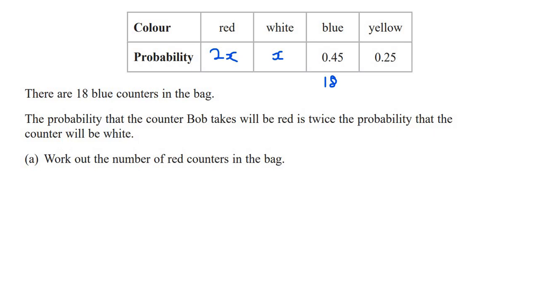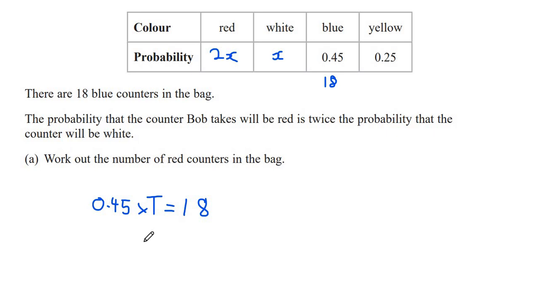Okay, well, we know there are 18 blue counters, and the probability of getting a blue is 0.45. So let's say if the total number of counters is t, so 0.45 times t should be equal to 18, because the probability of blue is 0.45 and there are 18 blue counters.